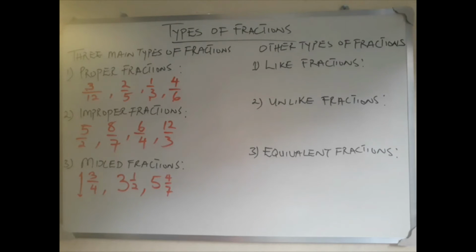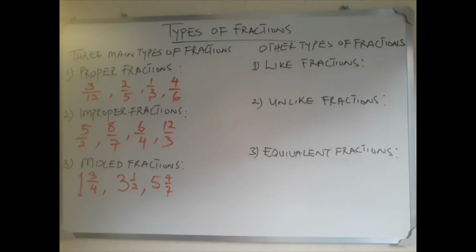But the other types of fractions are classified in groups and help us in comparing fractions. So let's go to the very first one here, which is called like fractions.